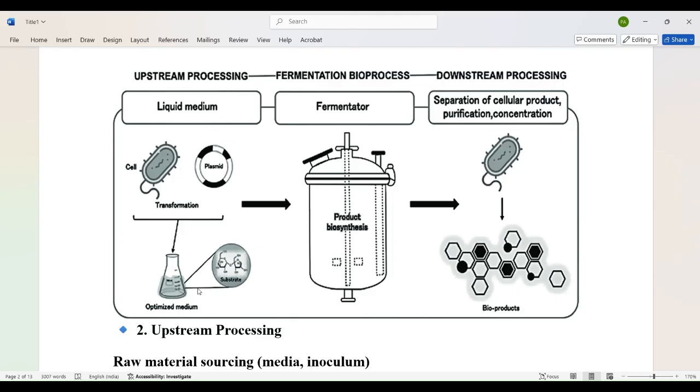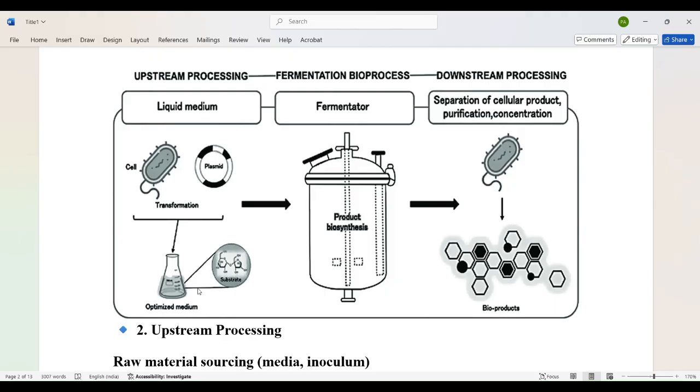So whether we will be taking batch fermentation, fed batch fermentation, or continuous fermentation, which type, then physical and chemical parameters, like what will be the pH, what will be the temperature of my reaction, what will be the agitation speed, which type of agitators am I going to use.